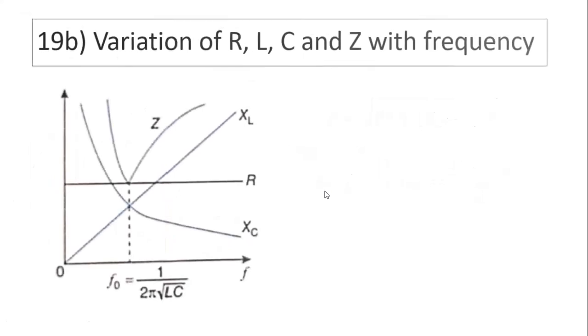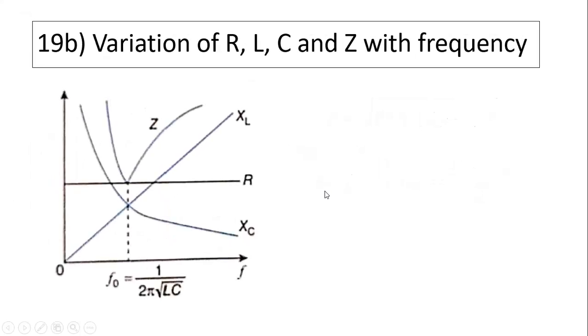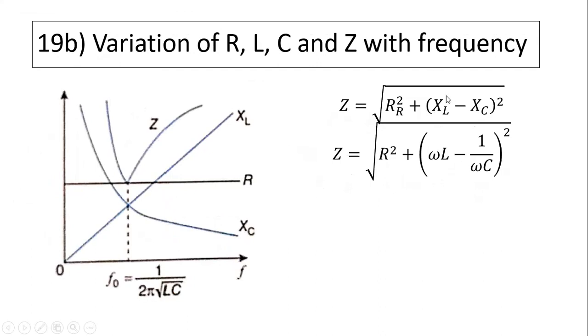Let's look at some of the graphs. Replace your XL with omega L, XC by 1 over omega C. That's how XL changes as the frequency increases: XL increases. How about XC?